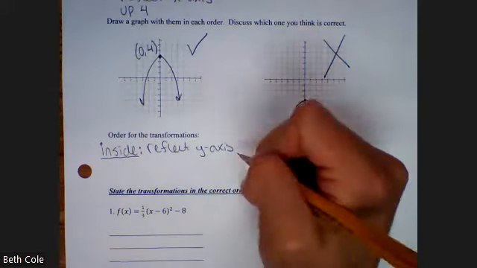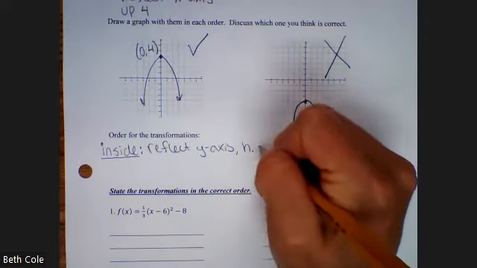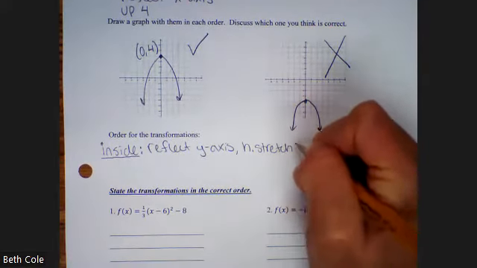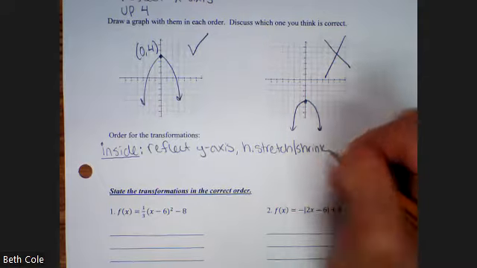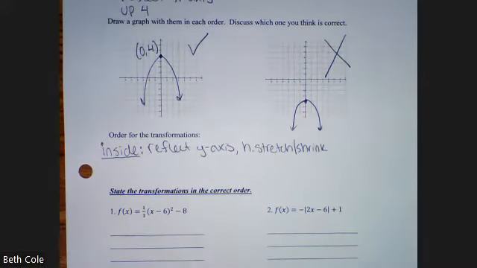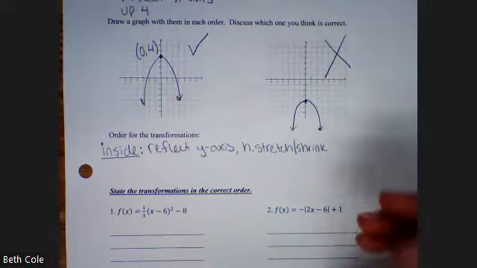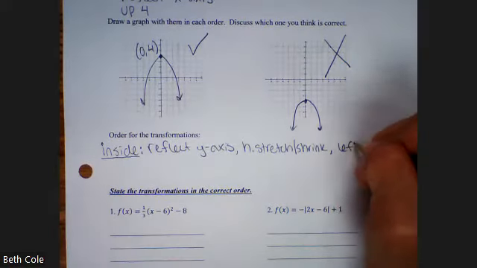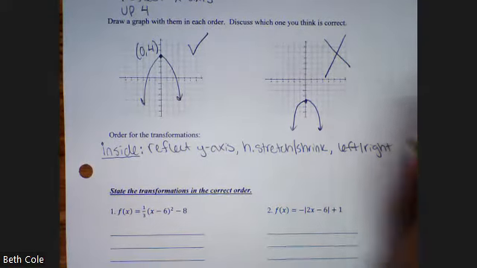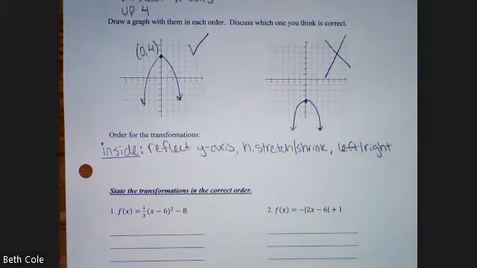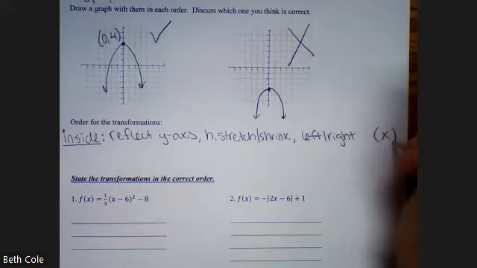If it's inside, that would be a horizontal stretch or shrink. And then you do the shifts last. You have to move last, because if you move first and then reflect, it's not going to end up being right. So then you would move left or right.